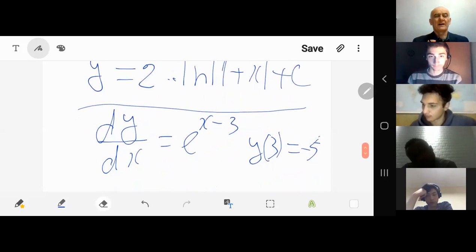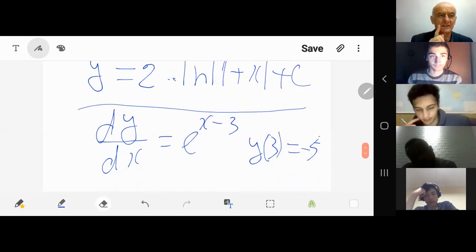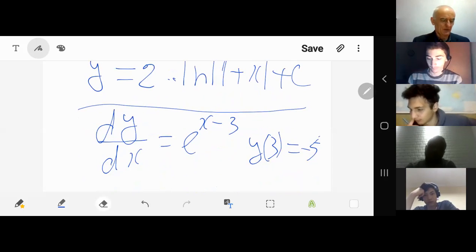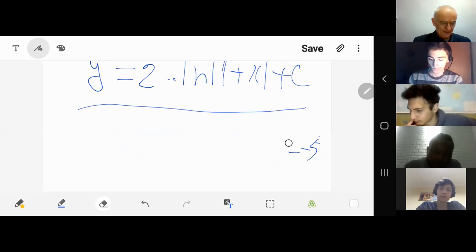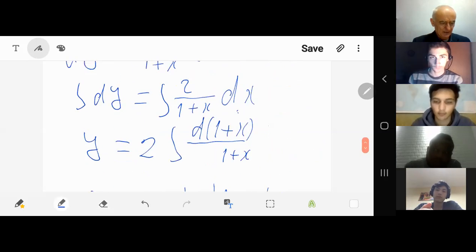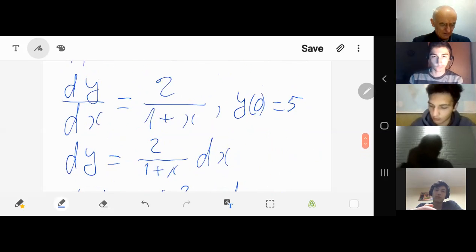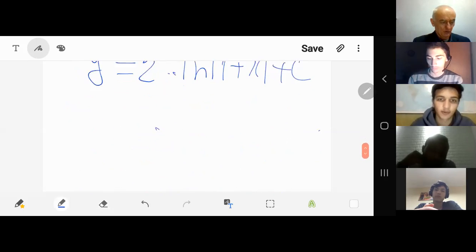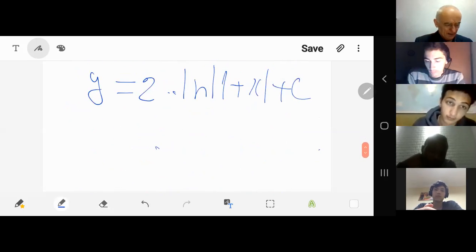And now we need to find one particular function. To find this particular function, we will use this extra condition. And what is this condition? Can you tell me, Luca? y of 0 equals 5.